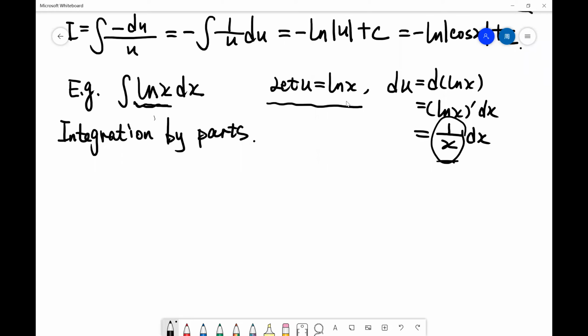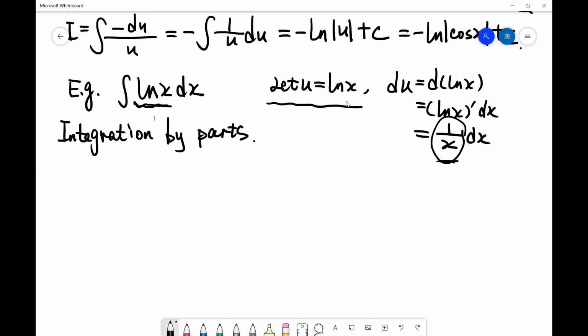And how to use this skill? First, actually, this skill comes from the product rule for calculating derivatives.